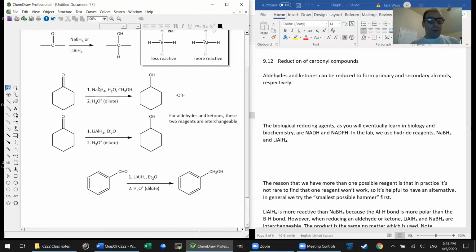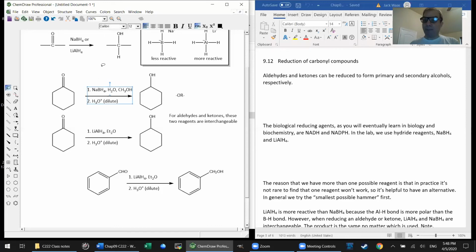One question that comes up here, since I'm dwelling on the different reactivities, which I think is good. I think it brings it alive for you and helps you understand that these are not just letters and numbers. These are actual things. You can go put your hand on a bottle of these things. Anyway, you might be wondering, if LAH reacts with water, doesn't sodium borohydride react with water and with methanol?